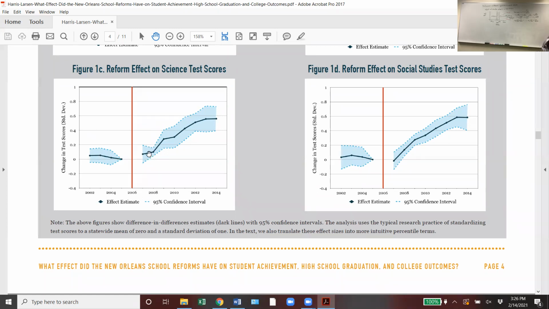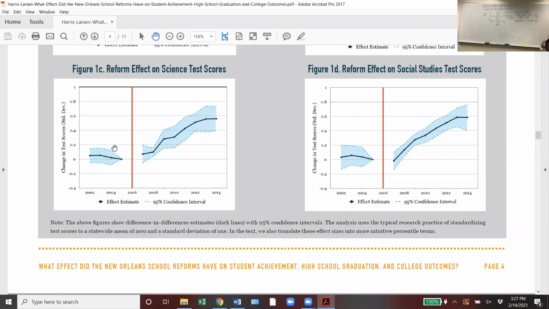After Katrina, when we start picking it up again in 2007, 2008, this confidence interval still includes 0, so you can't be confident that New Orleans kids are doing any better. But then you start getting these differences that are pretty big. This is more than half a standard deviation advantage for New Orleans kids relative to non-New Orleans kids on science scores.